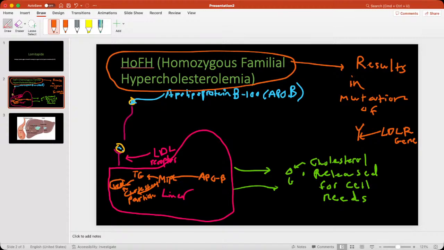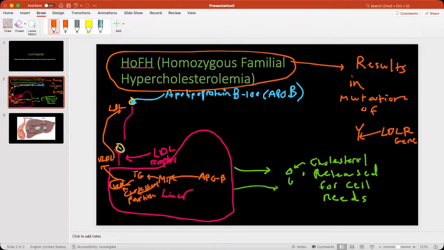And then VLDL goes outside the liver into the blood, and then eventually gets broken down into LDL. Now that LDL contains the apolipoprotein B that's converted by VLDL to LDL. So apolipoB protein is packaged inside that LDL particle, and then it goes right out to the blood.